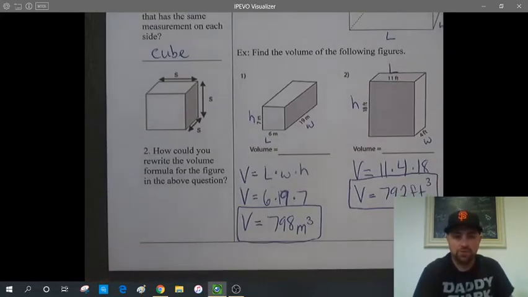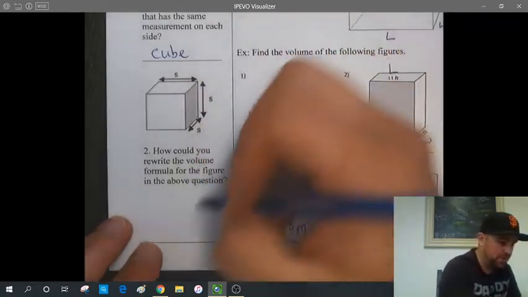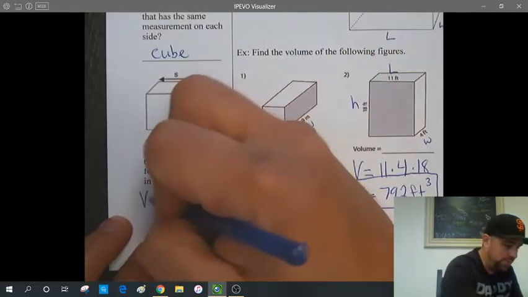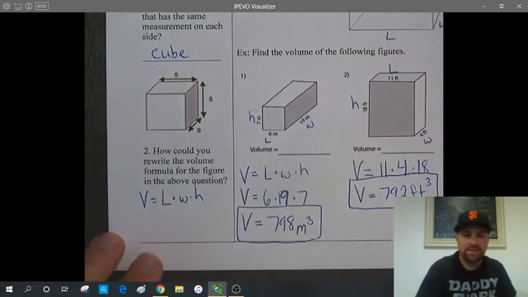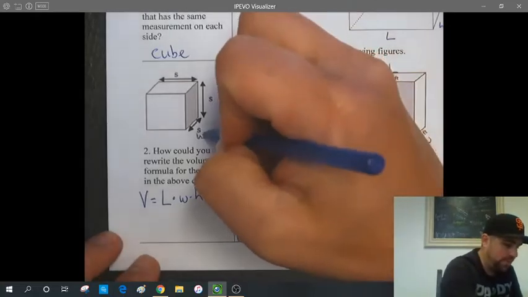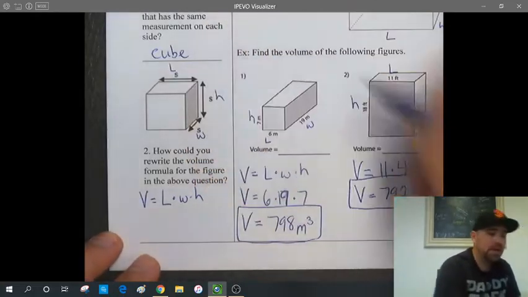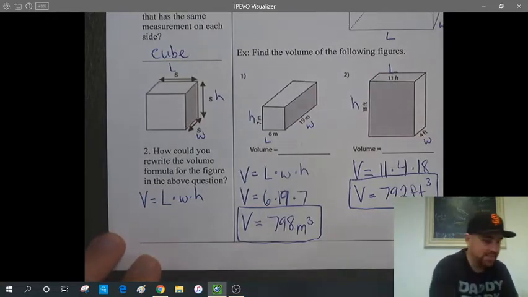And so how could you rewrite the volume formula for the above question, or the figure in the above question, for the cube? So our volume, it's still a type of rectangular prism, so it's still length times width times height, but what you notice here is that for the length, width, and height, all 3 of them would be the same measurement. So they could all be represented with S as it's shown here.